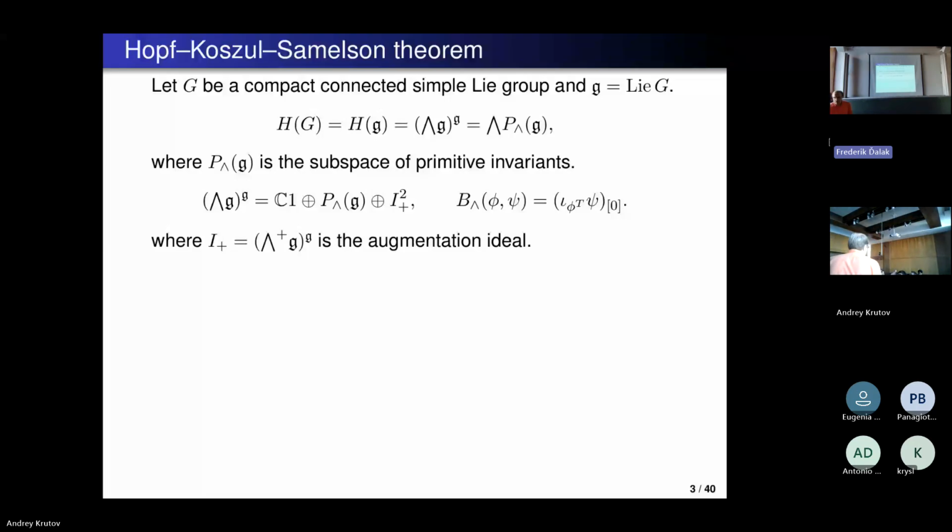Can I ask a very simple question? In the first line, the first thing is averaging over the group, or using the left translations. So you use left translations and then you use right translations to show that it's invariant. And the middle equality: you know that this cohomology should be bi-invariant, right?